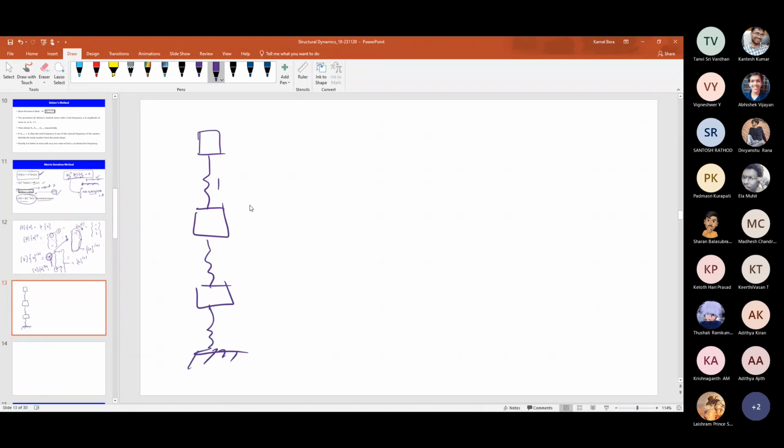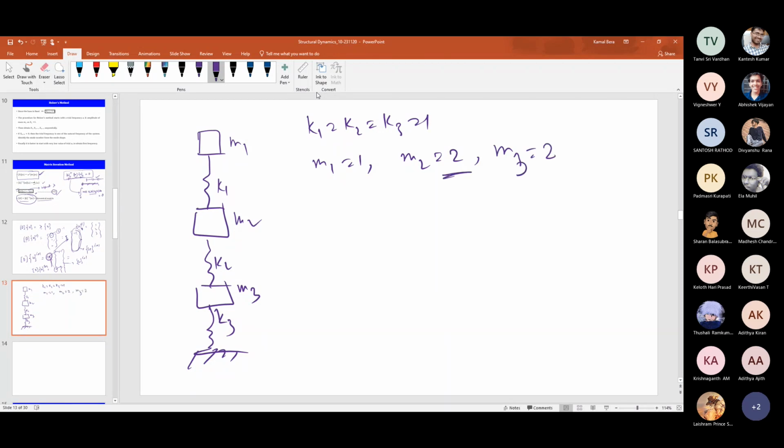It was K1, K2, K3, M1, M2, M3, and I think K1, K2, K3 are 1, right? And M1 is 1, M2 is 2, M3 is 2. Am I correct? Just check it. This is the problem we discussed last time using Holzer or the Dunkerley method.